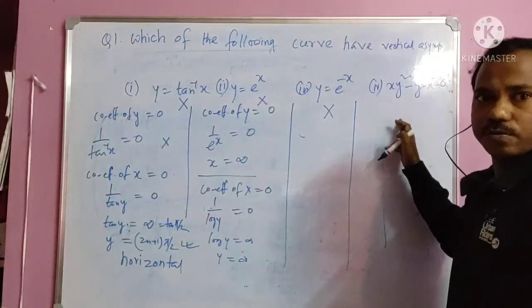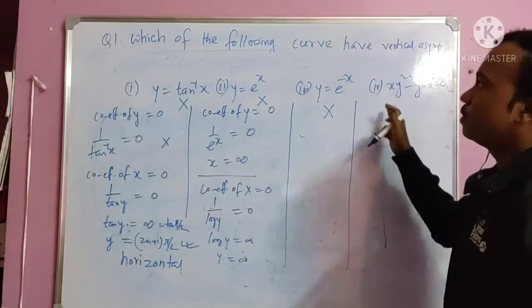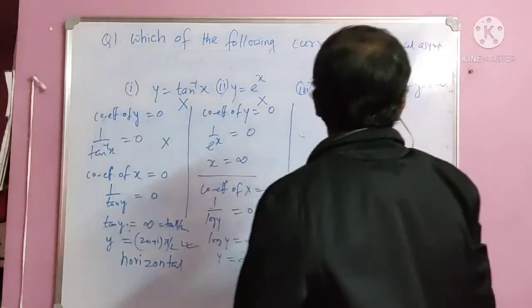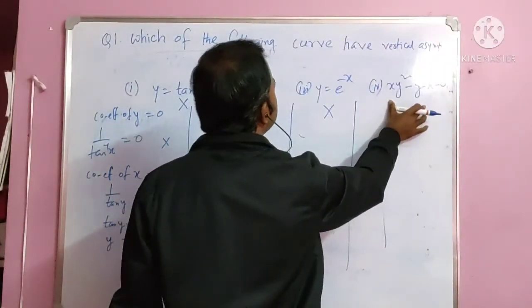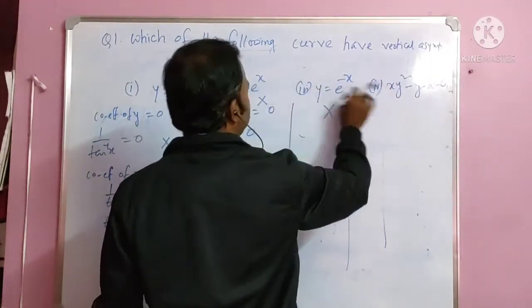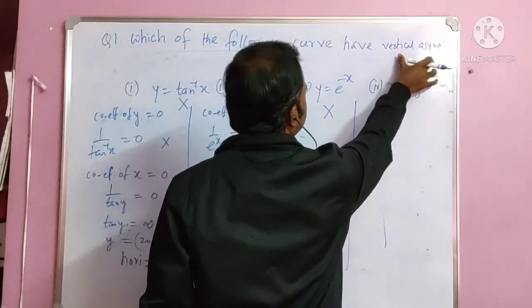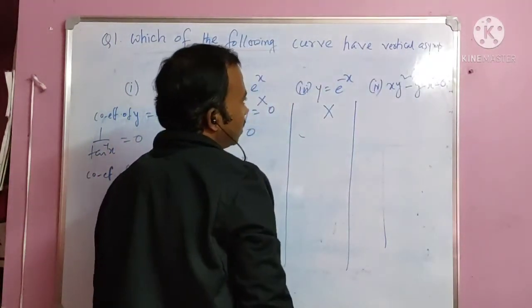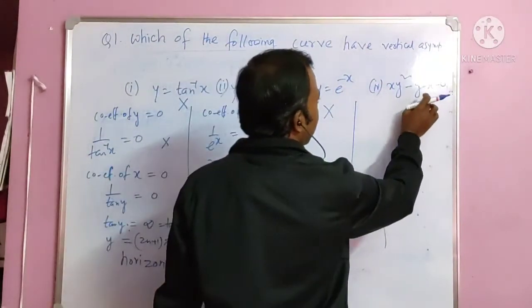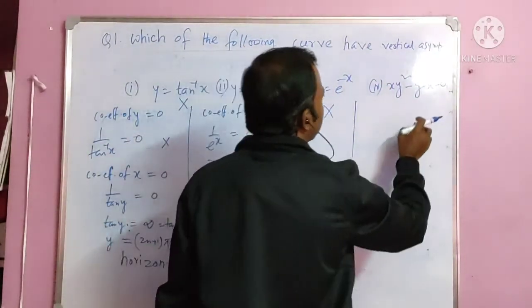This has to be true because one of the options must be true. We will check how it becomes true. That means we will find a vertical asymptote here. How to do that? The coefficient of x cube, highest part.